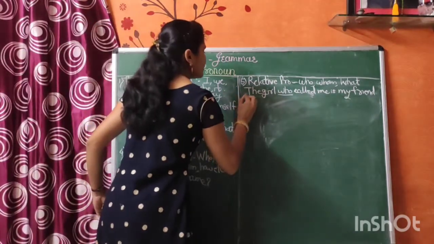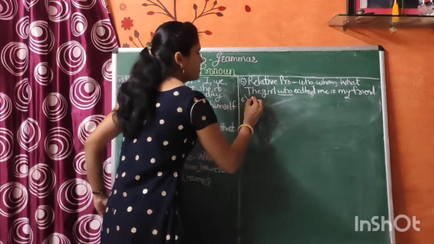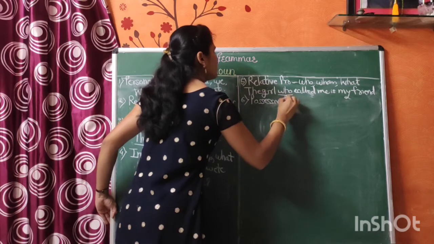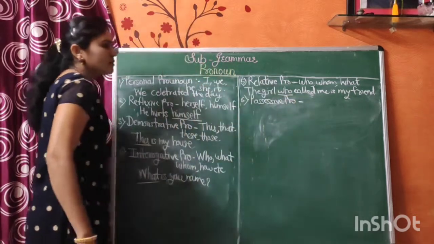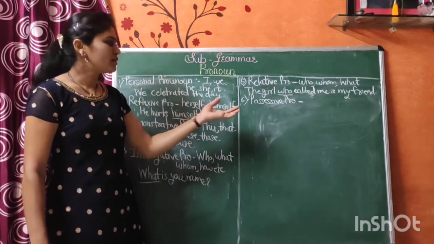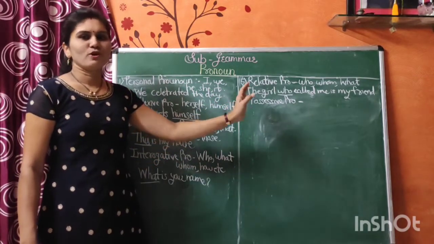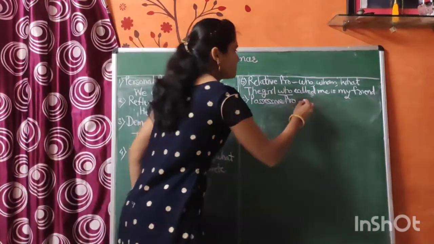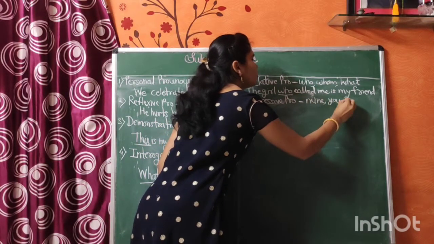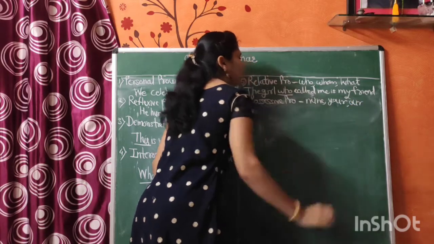Then the sixth type of pronoun is possessive pronoun, means the pronouns which are used to show the possession or the ownership, to whom the thing or the person belongs to. For example, mine, yours, ours.